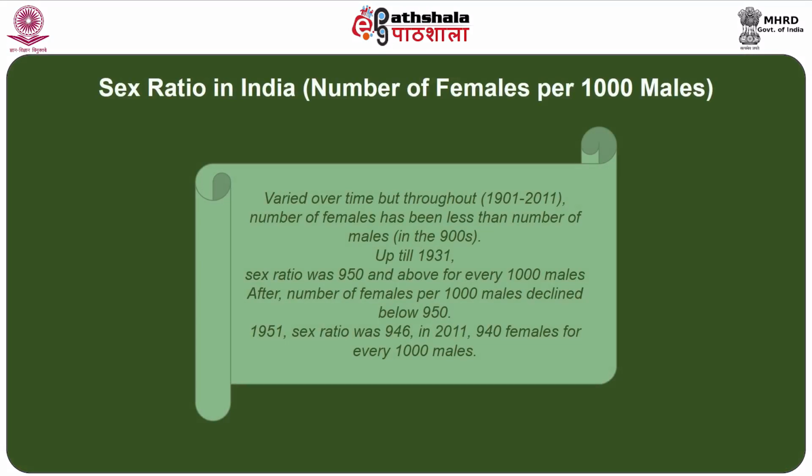If we look at the extent of sex ratio, it was around 900 during the period, and up to 1931 the sex ratio was 950 and above for every 1,000 males.